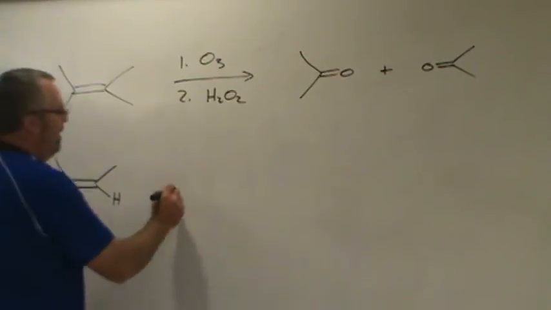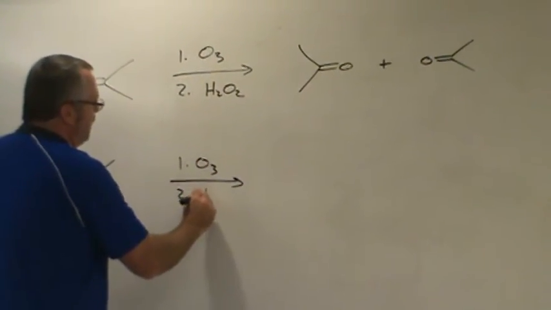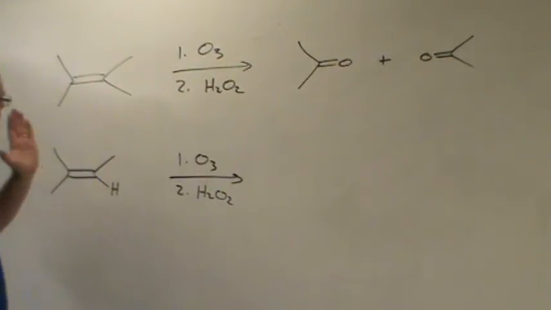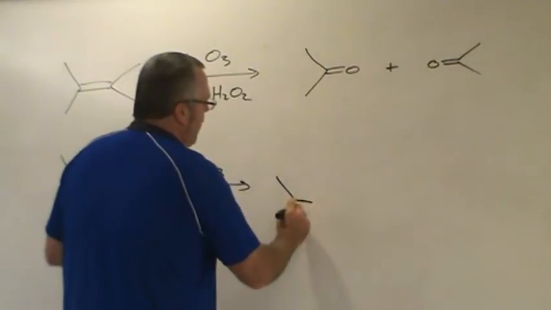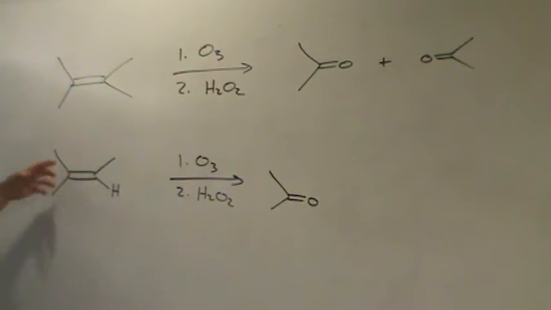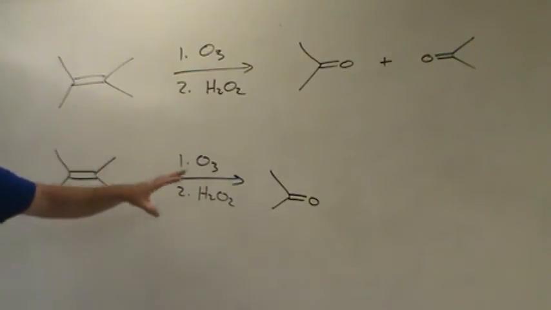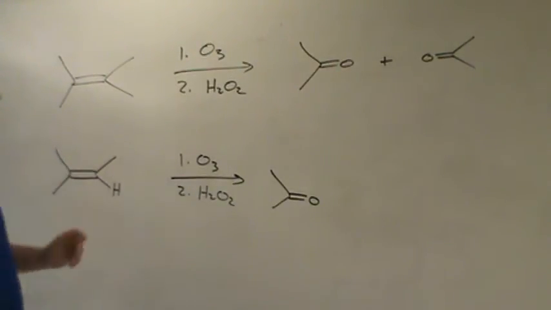Now, if I perform the exact same reaction, ozonolysis in the first step, followed by an oxidative workup, I'm going to chop that alkene in half, break it apart. Wherever I had a carbon-carbon double bond, I'm going to place a carbon-oxygen double bond. I'm still going to form 1 equivalent of acetone, like I formed 2 equivalents up there. But on this side, look what I would form.